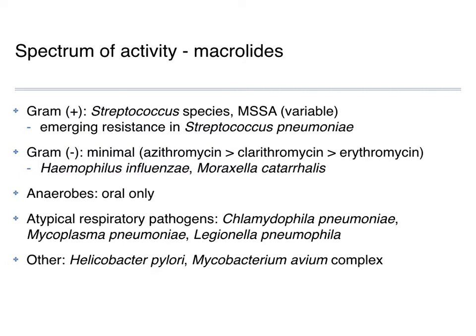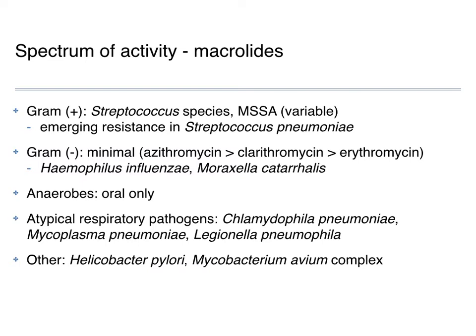These are the first drugs that have activity against the so-called atypical respiratory pathogens. The list of those would be Chlamydia pneumoniae, which is now called Chlamydophila pneumoniae, Mycoplasma pneumoniae, and Legionella. Atypical pathogens are called that for a variety of reasons. One of them is that they require different culture methods to grow, so they don't grow in the typical culture media, basically.